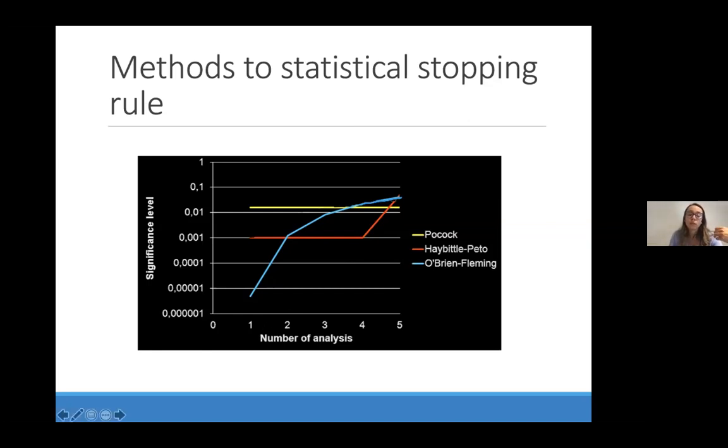But usually when you are doing an interim analysis for efficacy in a superiority trial, I personally would choose one of the more conservative methods, which are very common in the literature, such as O'Brien-Fleming or the Haybittle-Peto method, which are more conservative, at least at the beginning of the analysis.